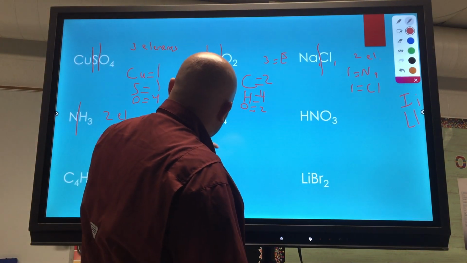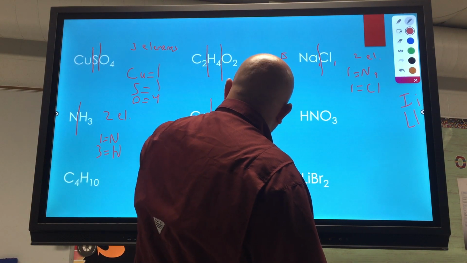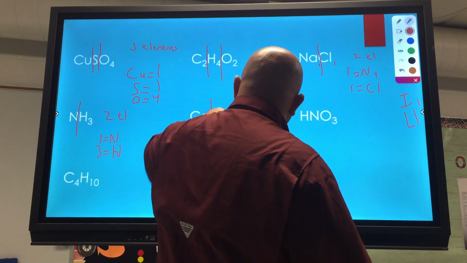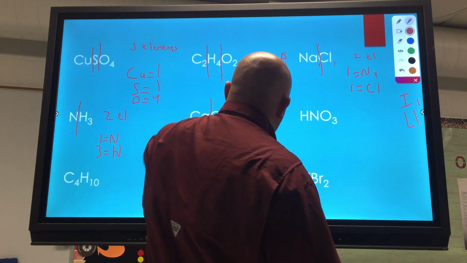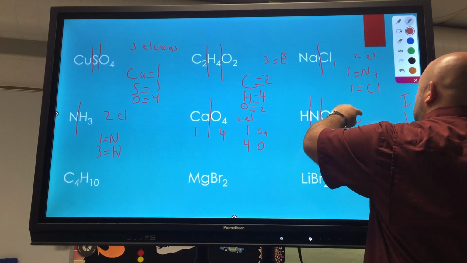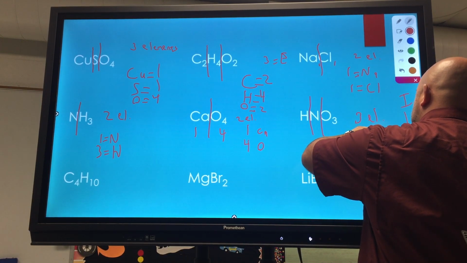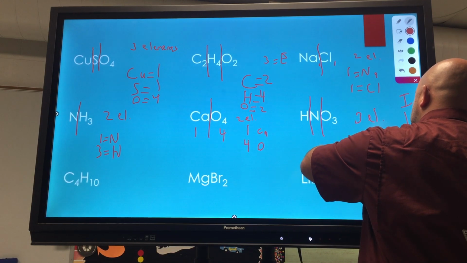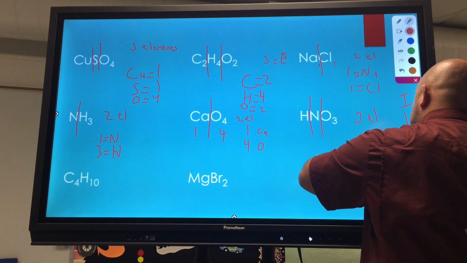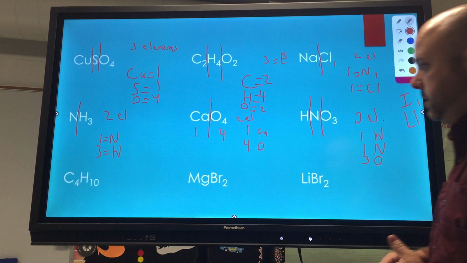All right, there's 1 Ca and 4 oxygen. And there's 2 elements. HNO3, boom, boom. There's 3 elements. And then there's 1 H, 1 N, and 3 O's. Once again, my handwriting is not the best, but I'm sure you can get the gist of it.